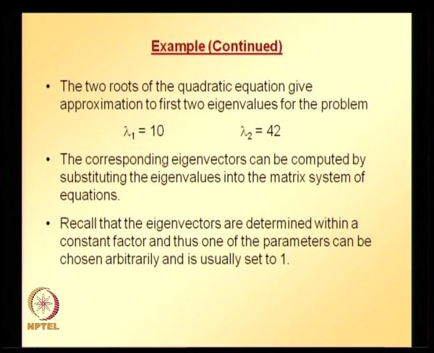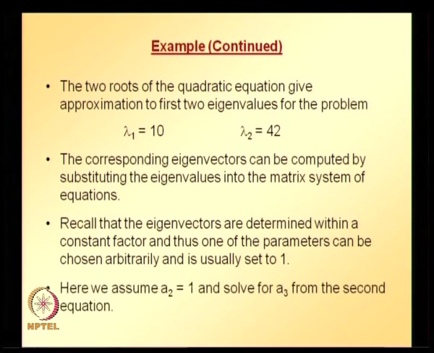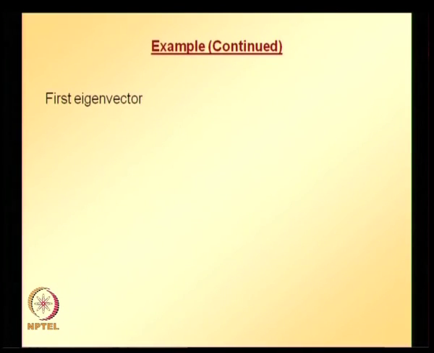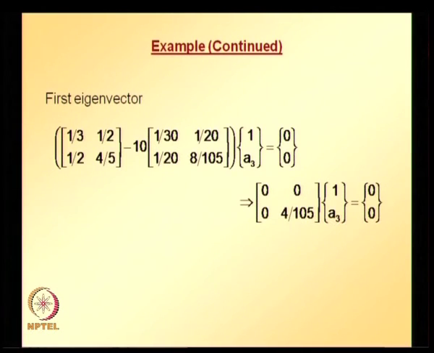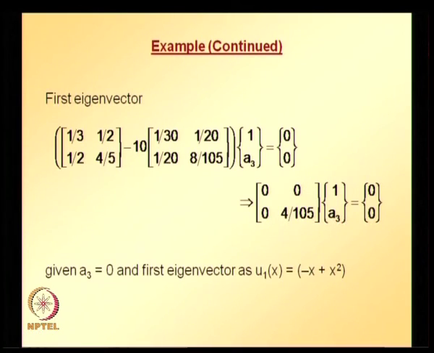So what we will do is take lambda equal to 10, and we assume a2 is equal to 1 and solve for a3. We get the first eigenvector by doing that, and by solving this equation system we get a3 equal to 0, with a1 equal to minus a2 equal to minus 1.